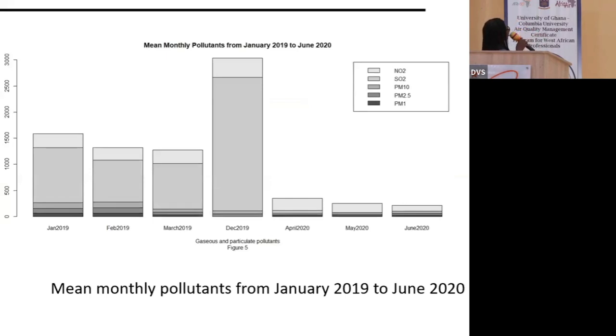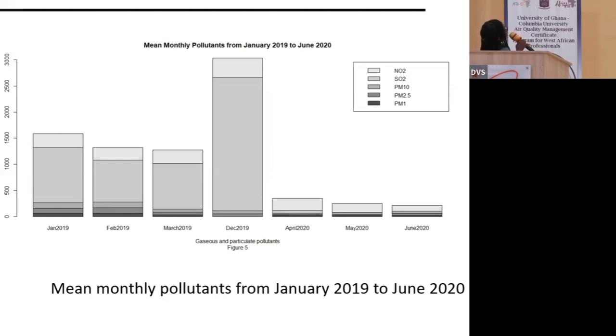So in January 2019, this is what we had. Using the air quality egg, we measured NO2, SO2, PM10, PM2.5, and PM1.